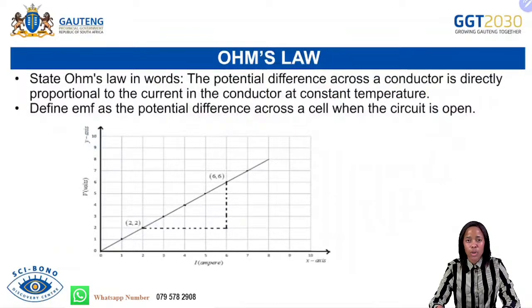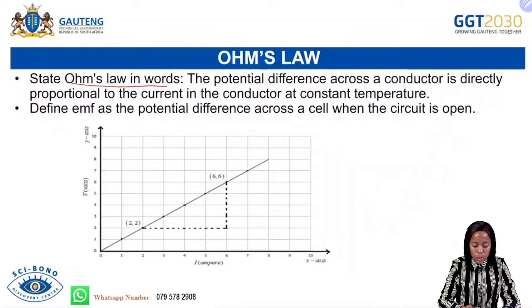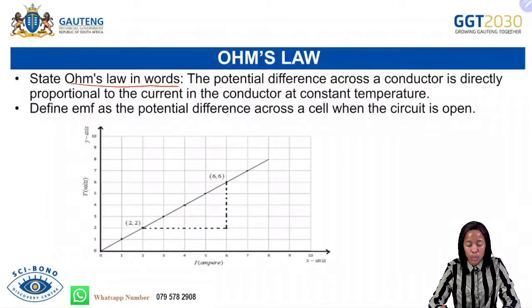And then with Ohm's law, it says here, state Ohm's law in words. So remember, with definitions, you need to define according to the examination guideline. With definitions, your definitions are going to be 2 marks or nothing. So make sure that you know all those definitions that are given according to the examination guideline.